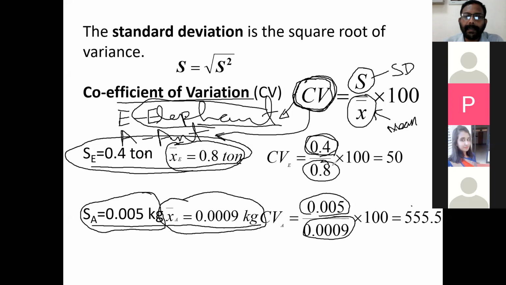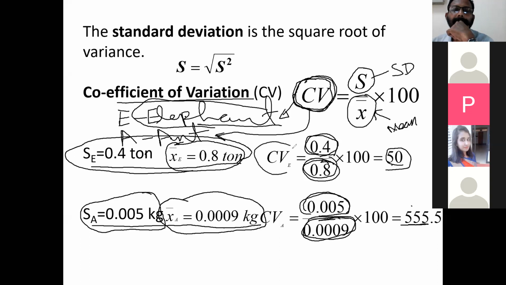Compared to the variation, the mean value is much smaller in ants. So you see, ant has a coefficient of variation of 555, whereas the elephant's coefficient of variation is 50.